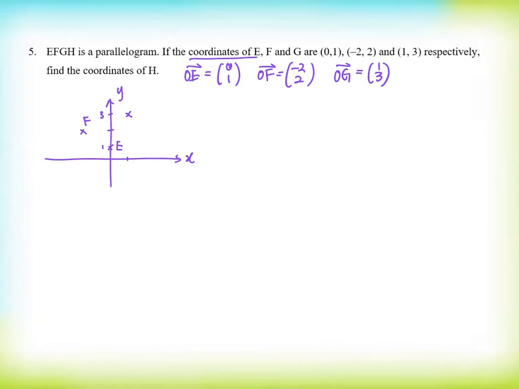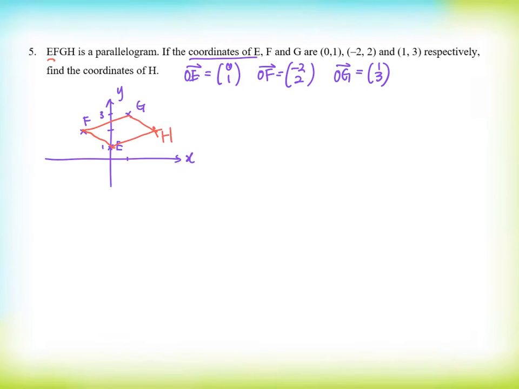So this will be G. The parallelogram goes in this direction, E to F, F to G, and G now needs to go to H. Where will this point H be such that the direction flows? So this parallelogram will look something like this, and this will be point H over here.